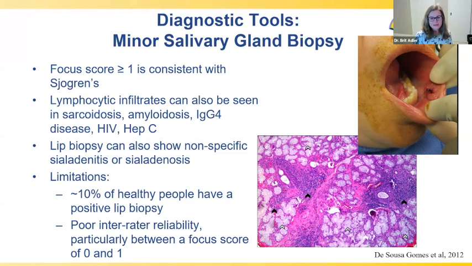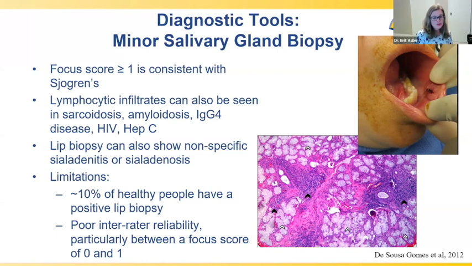And the other problem with these lip biopsies is that there's very poor inter-rater reliability, which basically means that different pathologists disagree looking at the exact same slide. And it's been estimated that if patients get a second evaluation by an expert at another center, it changes the diagnosis in about 50% of cases.